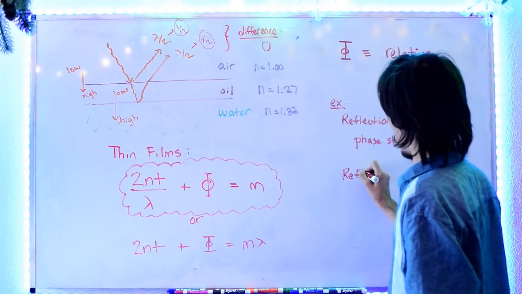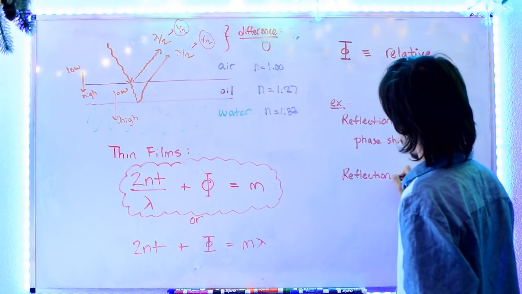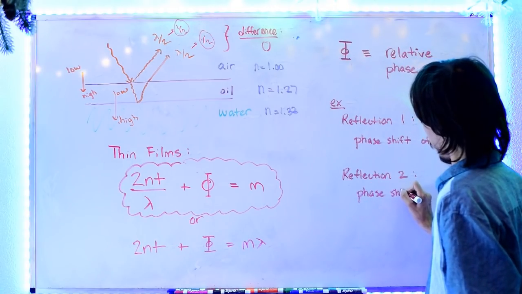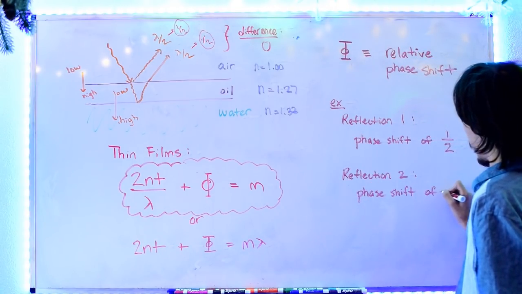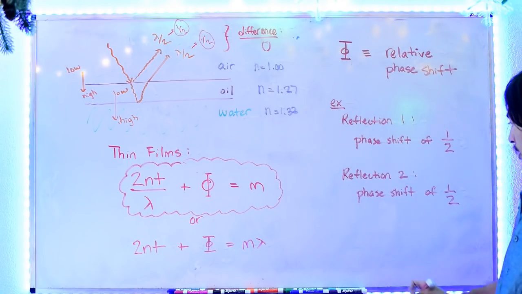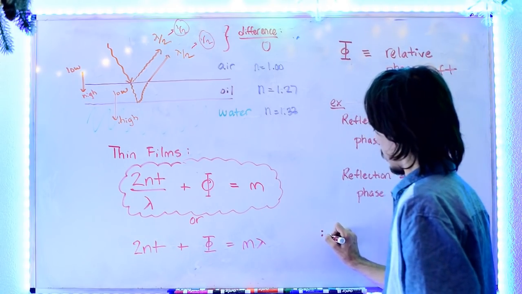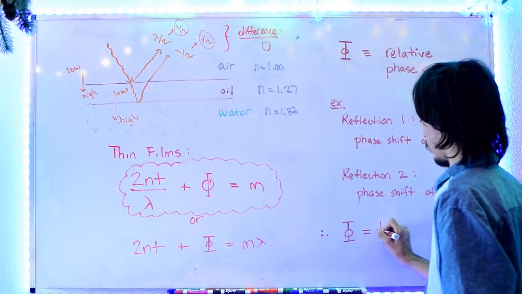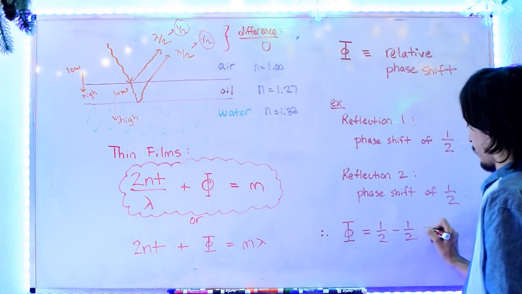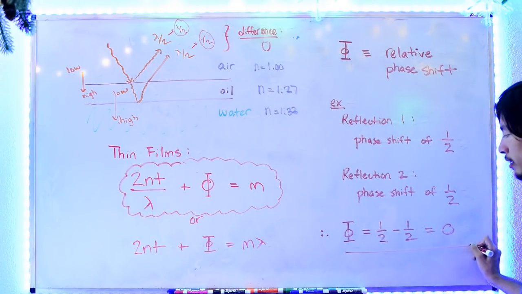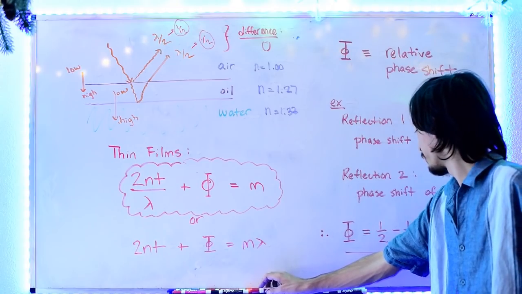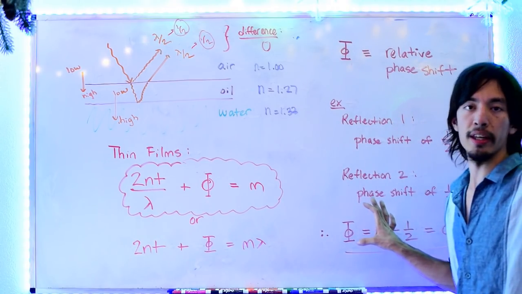Reflection 2, the phase shift is also 1/2. So therefore, the relative phase shift is equal to a half minus a half, which is 0. Okay, so that's how you reach that conclusion in this case. So that's how you use it in these problems.